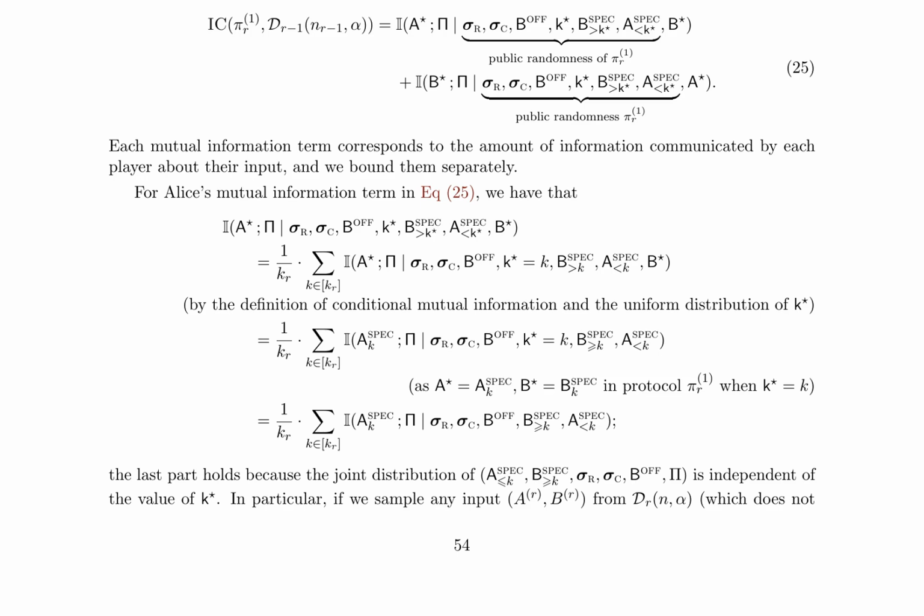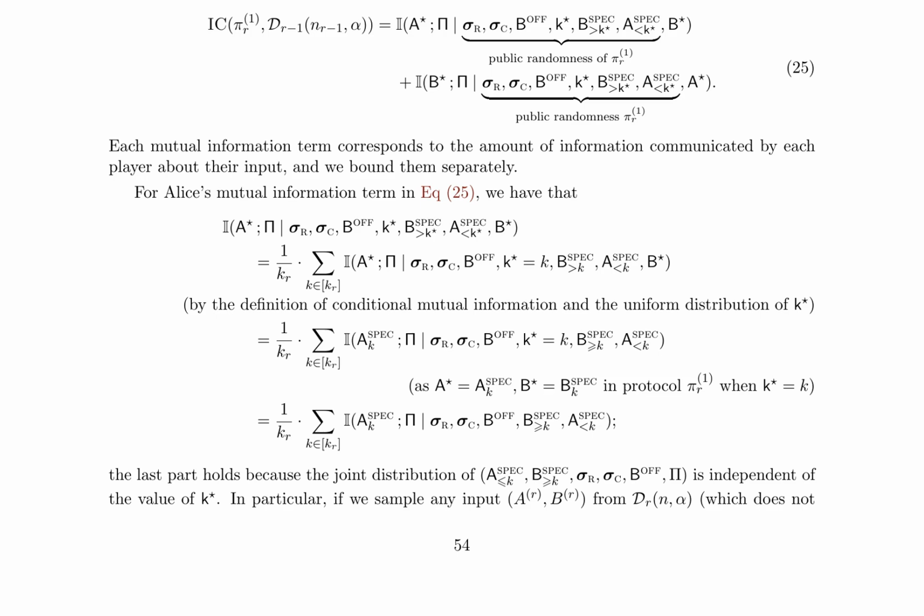They then use the definition of conditional mutual information and the uniform distribution of K* to bound the mutual information term. The authors also use the fact that the joint distribution of A_SPEC ≤ K, B_SPEC ≥ K, σ_r, σ_c, B_OF, Π is independent of the value of K*.